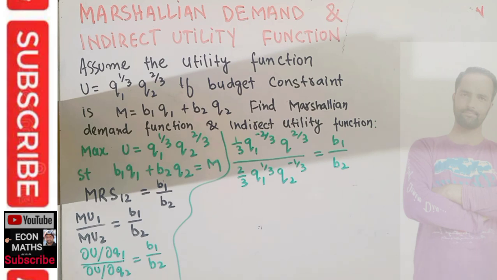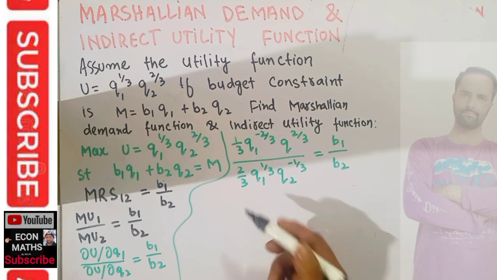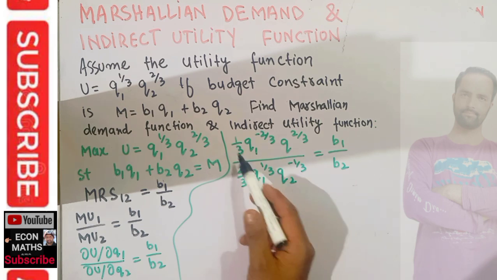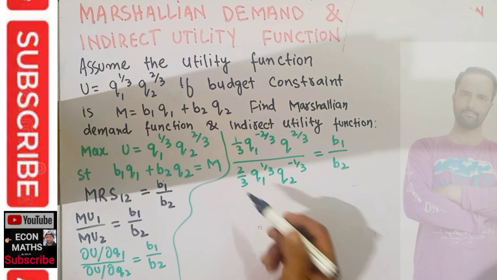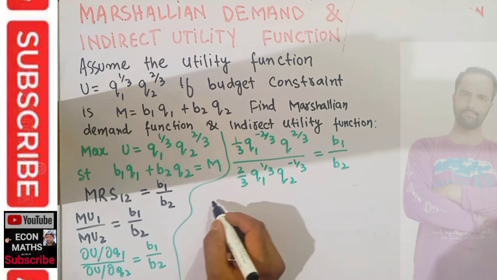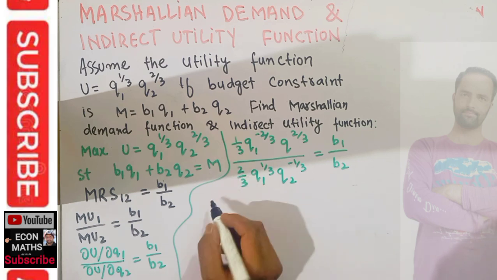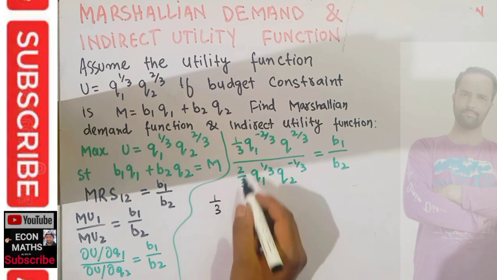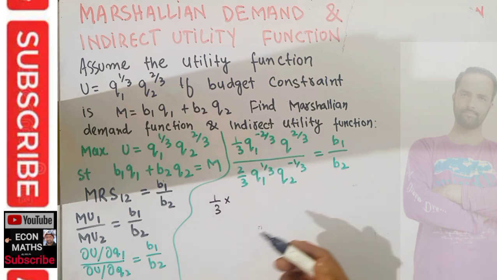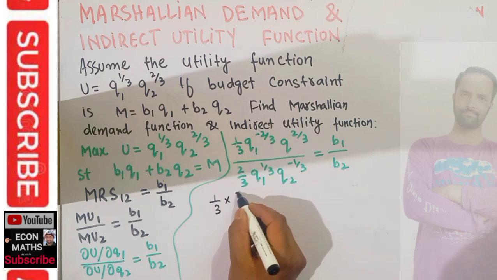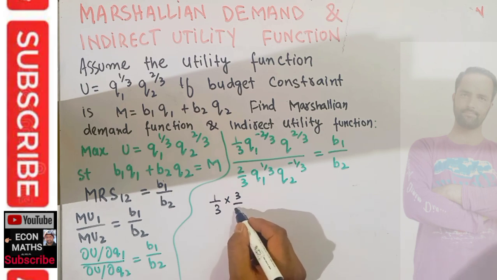Now what will happen here, let us see. First we have 1/3 divided by 2/3, so it will become 1/2. If I reciprocate it and transpose it to the numerator, it will get reciprocated.